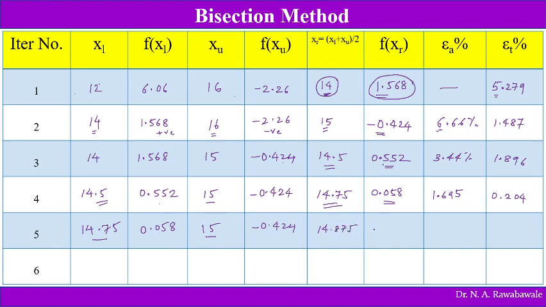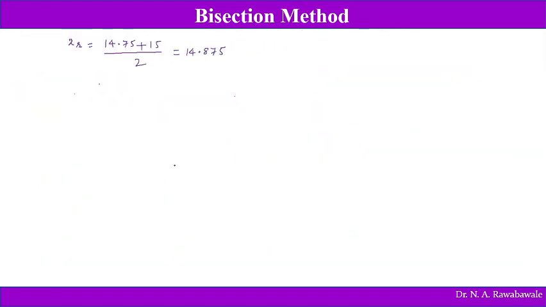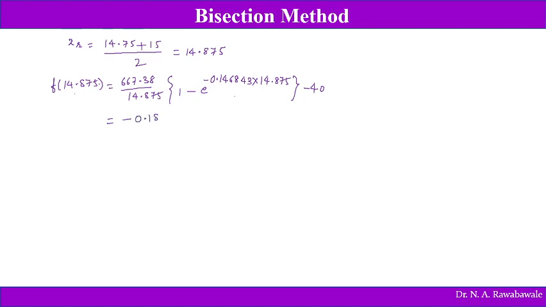Now f of XR, the function value at the revised root, can be obtained as f of 14.875, which is equal to 667.38 divided by 14.875, in bracket 1 minus e to the power of minus 0.146843 into the c value 14.875, close this bracket, minus 40, which works out to minus 0.184.